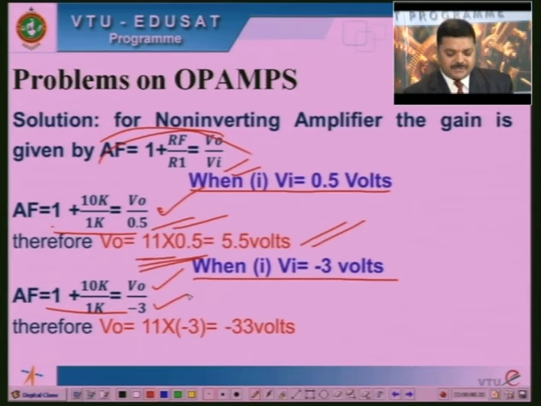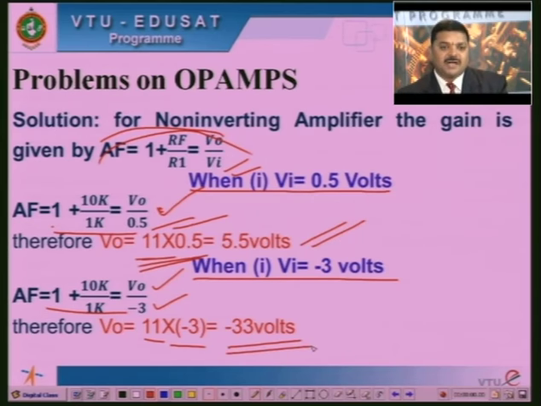Therefore, V naught is equal to 11, same as in the previous case, because the gain is not going to change. Only thing is we are changing the input voltage. Therefore, 11 multiplied by minus 3 is found to be minus 33 volts. So, V naught is found to be minus 33 volts when the input voltage Vi is minus 3 volts.